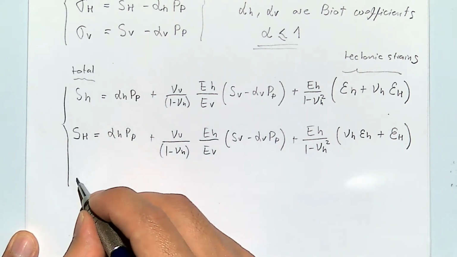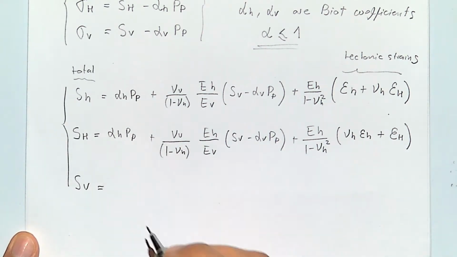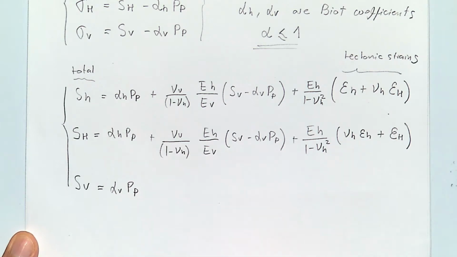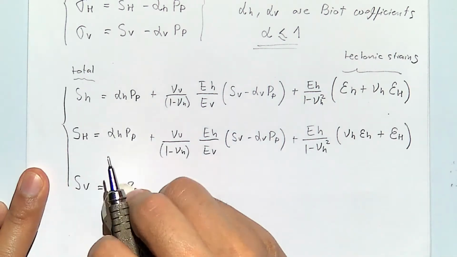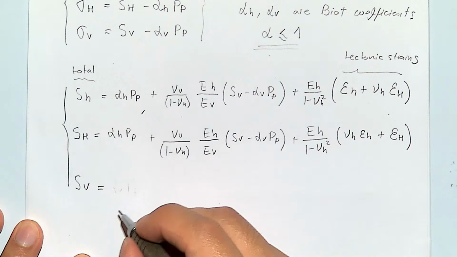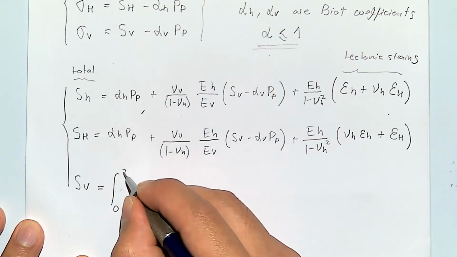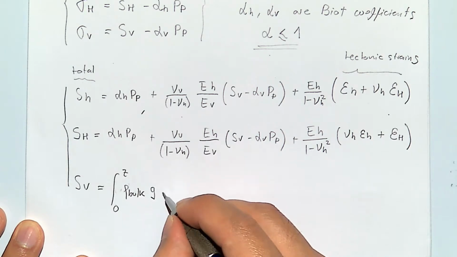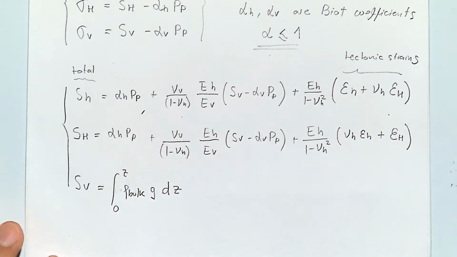And finally, an equation that we know already very well. I found a mistake in my notes. This is just bulk G dc.